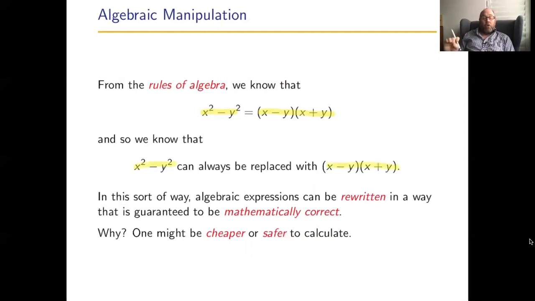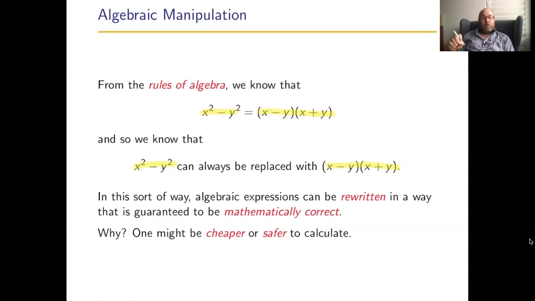You'll always get the same value by doing that, but in certain circumstances, one of those two things might be easier to compute than the other. Like you may already have computed the values of x squared and y squared, in which case you can very quickly calculate x squared minus y squared.